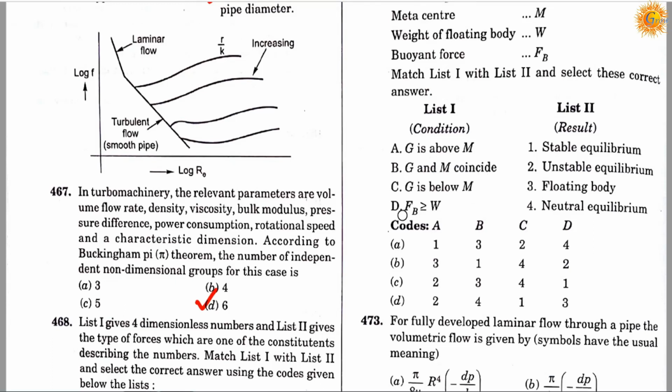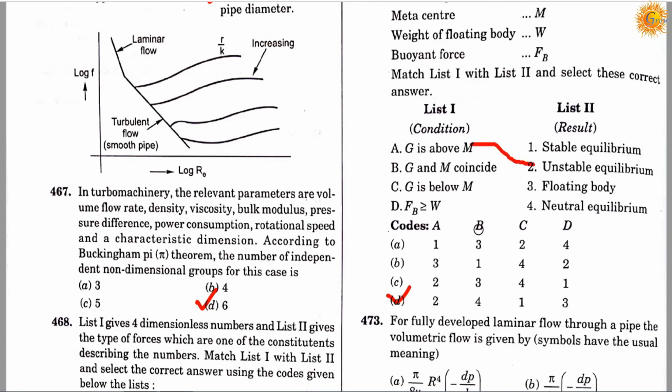and option D, F subscript B is greater than or equal to W. And you have the results: stable equilibrium, unstable equilibrium, floating body, and neutral equilibrium. So in this situation, the correct answer is D. According to this, if G is above M, then it will be unstable equilibrium.